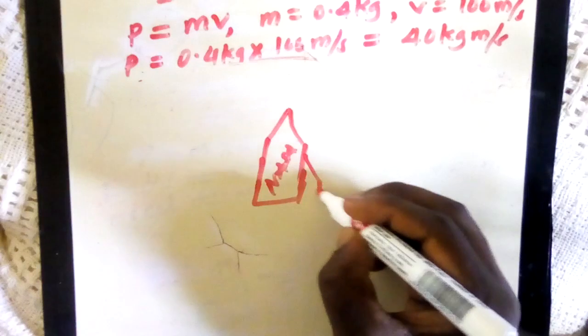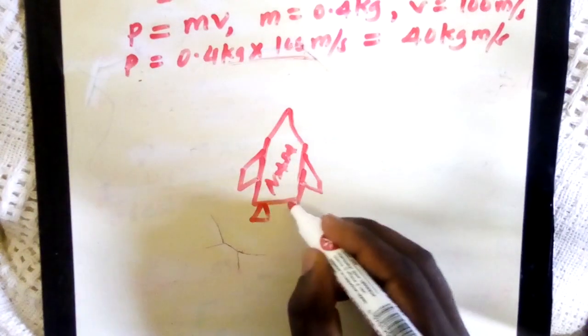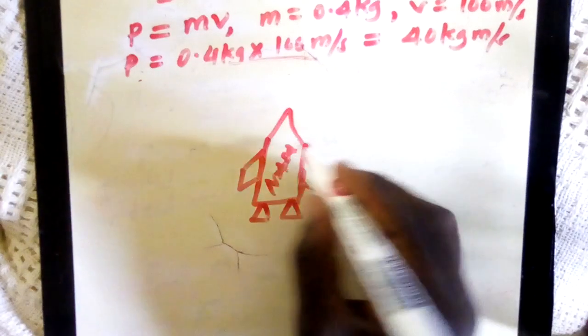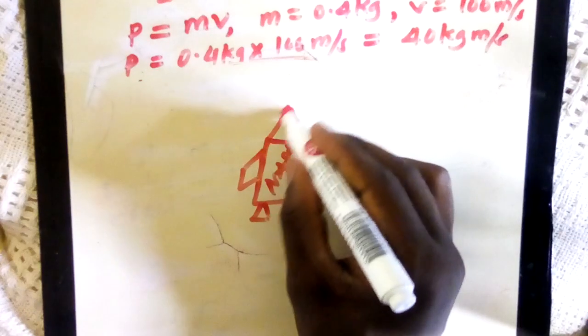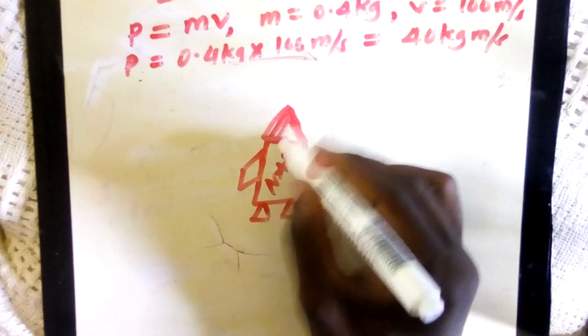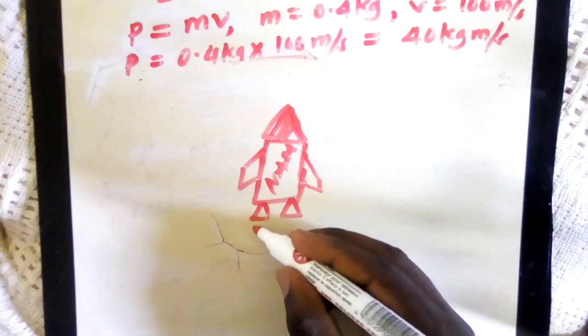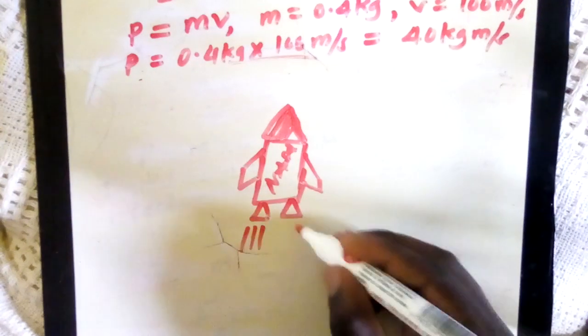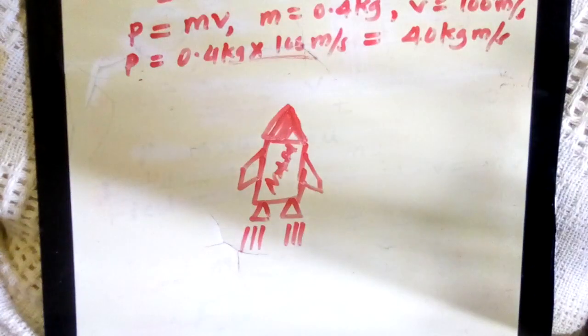Well, these are nozzles. It has a streamline shape like this, and then there are some gases being expelled from these nozzles, right?